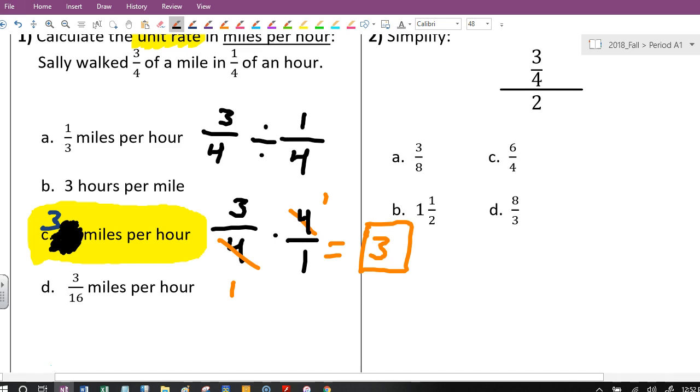Okay, so how do we do this problem? We have to do 3/4, and then did I do the divided? Yeah, dividing by 2/1. Good. Everybody write this down. And that becomes 3/4 times 1/2.